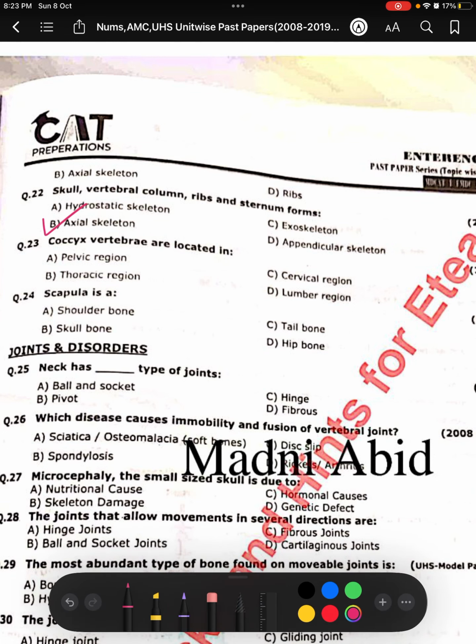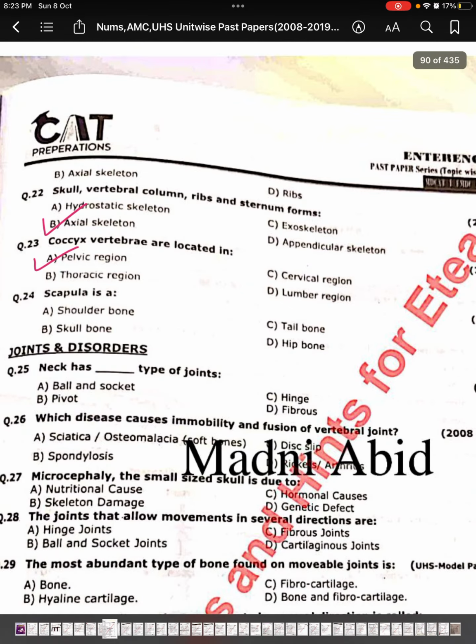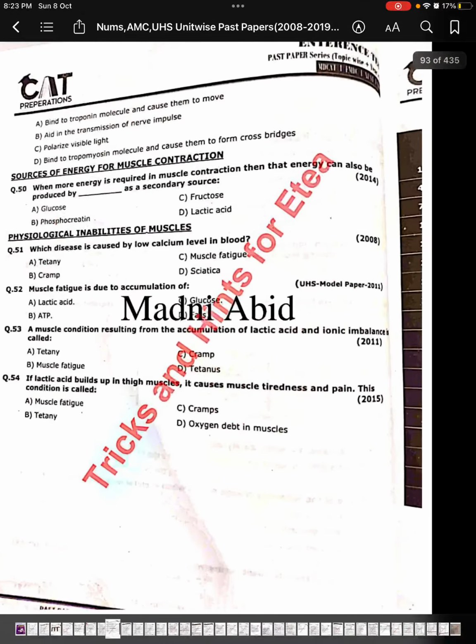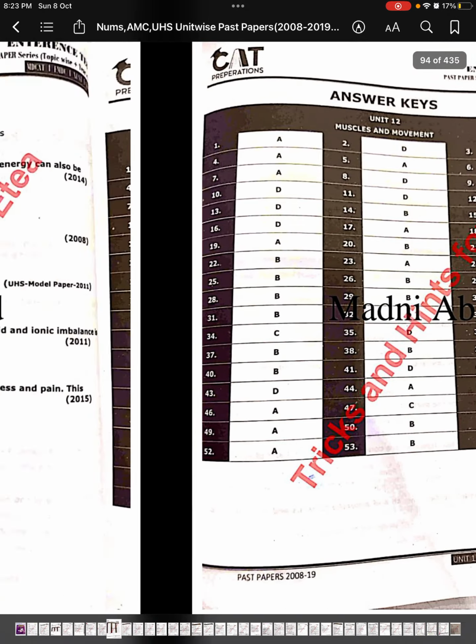Now, coccyx vertebrae are located in the cervical region, lumbar region, pelvic region or thoracic region. Like pelvic region, let's check. 23A. Yeah, it's correct.